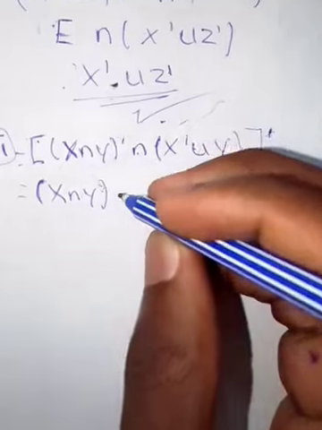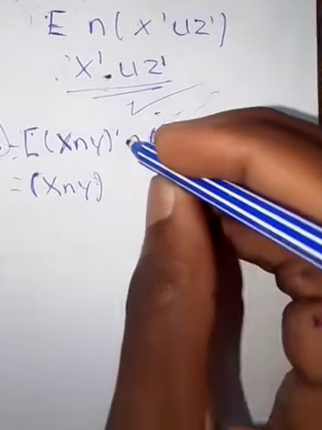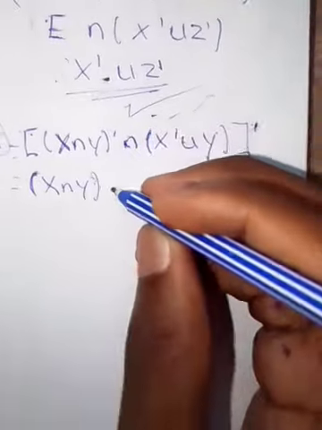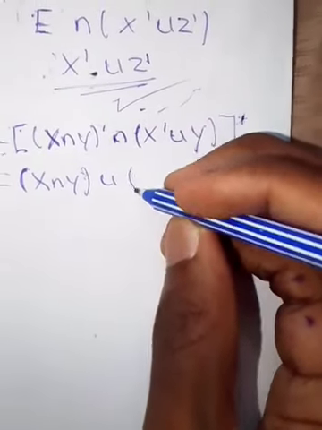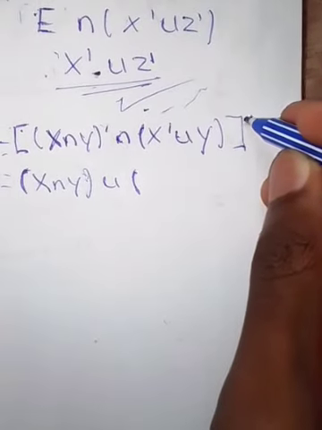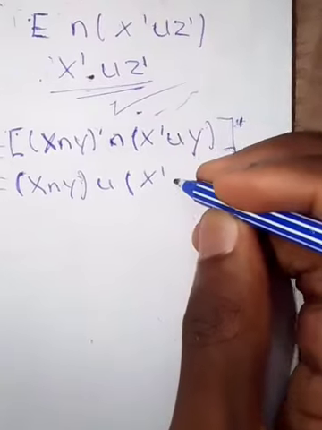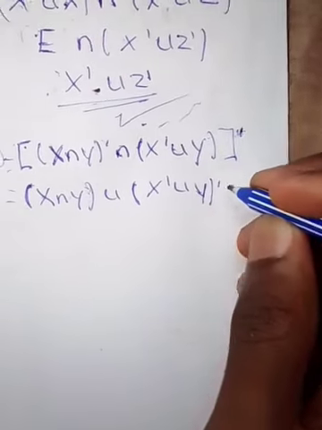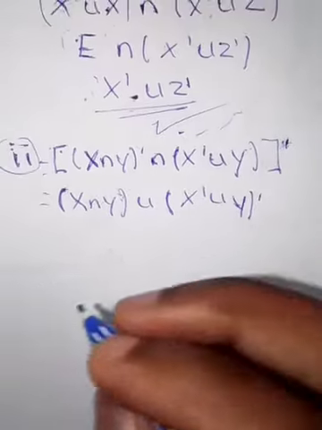It has been cancelled, right? When we multiply this with this, it is going to change from intersection to union. So it's a union. When you multiply this with this, you're going to have x complement union y complement.